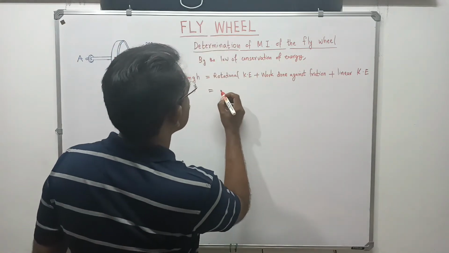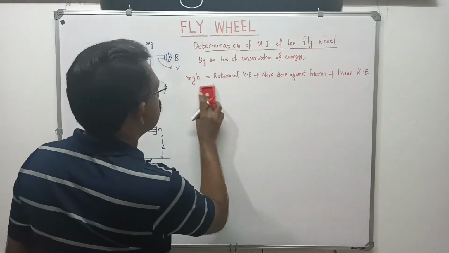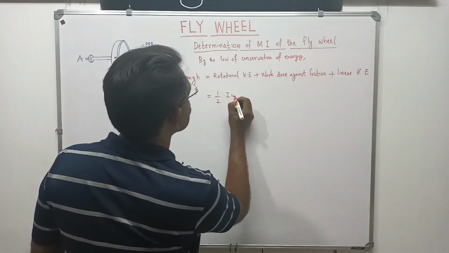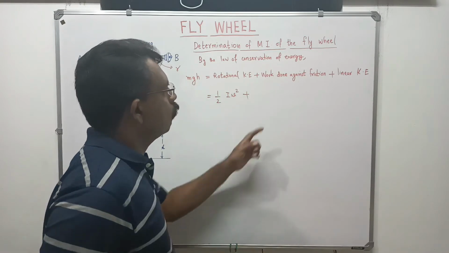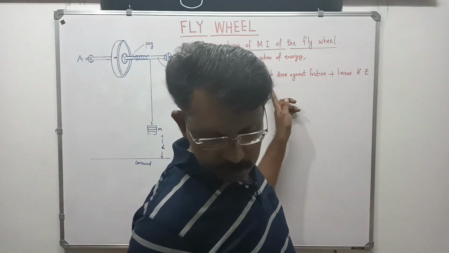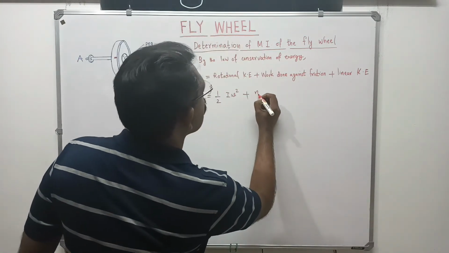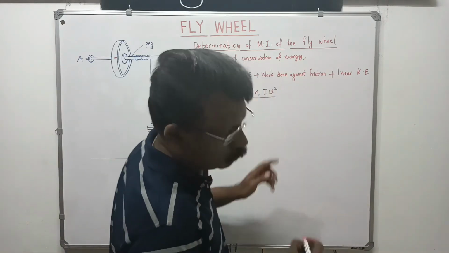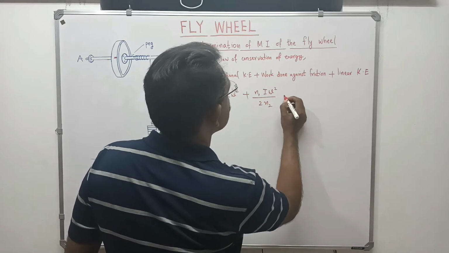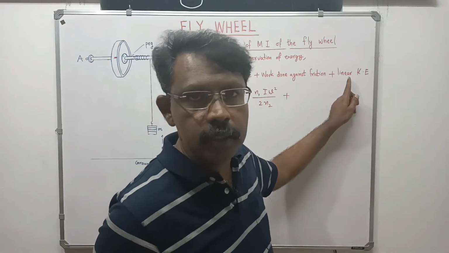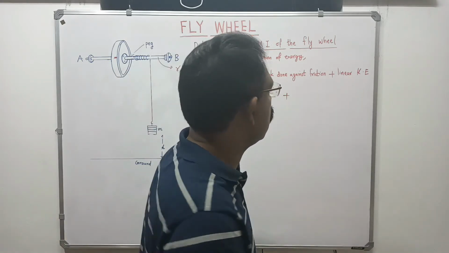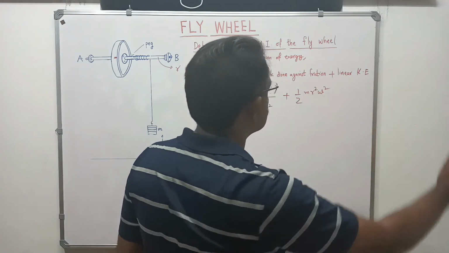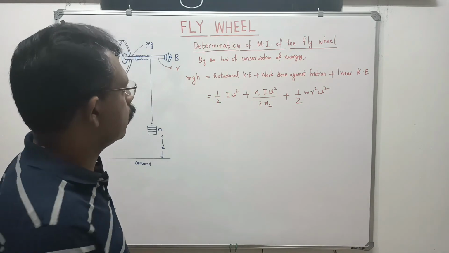We have already written it as half I omega squared, plus work done against friction, that is taken as n1 I omega squared by 2n2, plus linear kinetic energy, half mv squared or half m r squared omega squared.